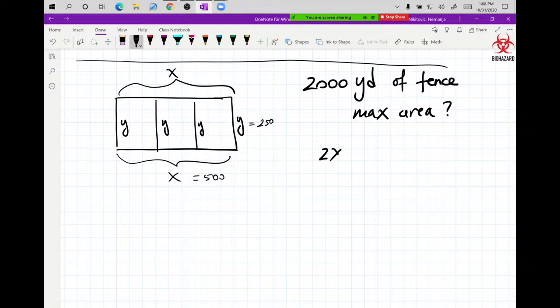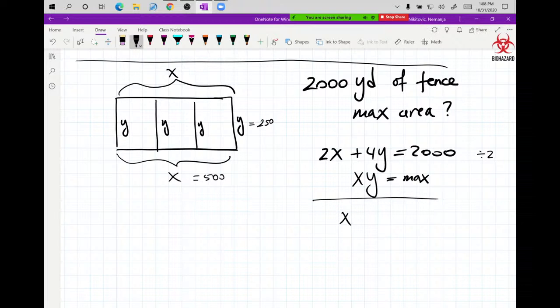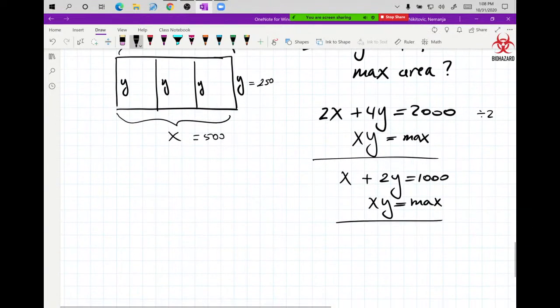So we have 2x plus 4y equal 2000, and we still have xy equal max. Now I am going to divide here by 2 to reduce numbers. That's always helpful. Note that I'm always keeping these equations as a pair, right?